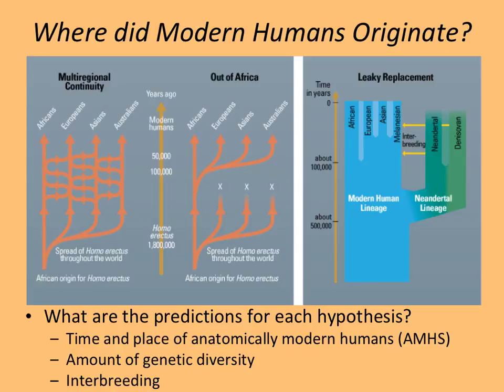So there have been hypotheses about where modern humans originated. One of them was that modern humans spread out and were widely spread across Africa, Asia, Australia. There was a lot of gene flow going on, and eventually modern humans evolved from all that random mating.